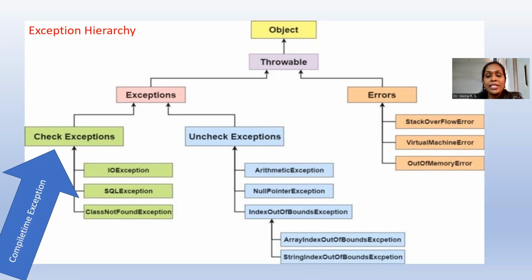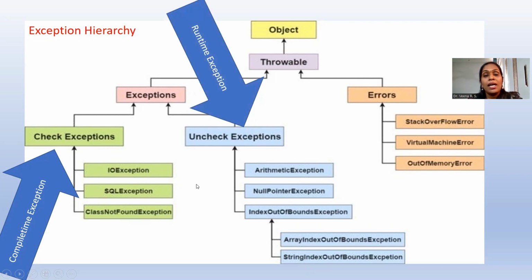There is one more type of exception, which is unchecked exceptions, which can occur only during runtime. So we can say unchecked exceptions are runtime exceptions like divide by 0, array index out of bounds exception, and all those things. So ArithmeticException, NullPointerException, ArrayIndexOutOfBoundsException or IndexOutOfBoundsException.